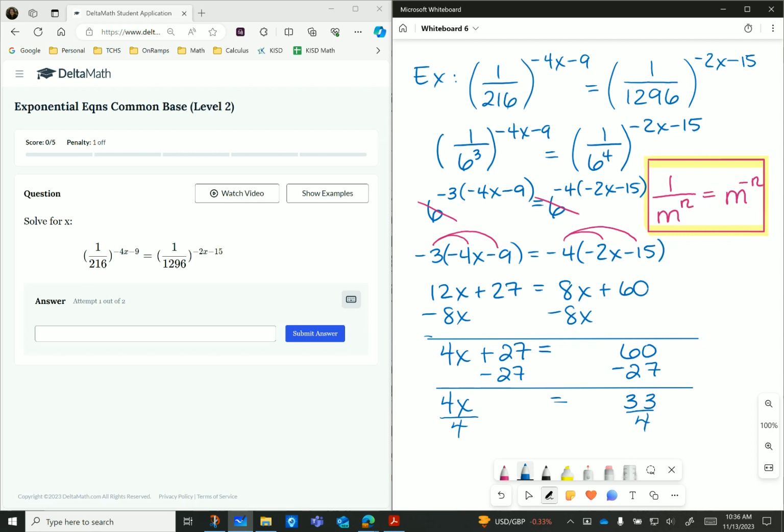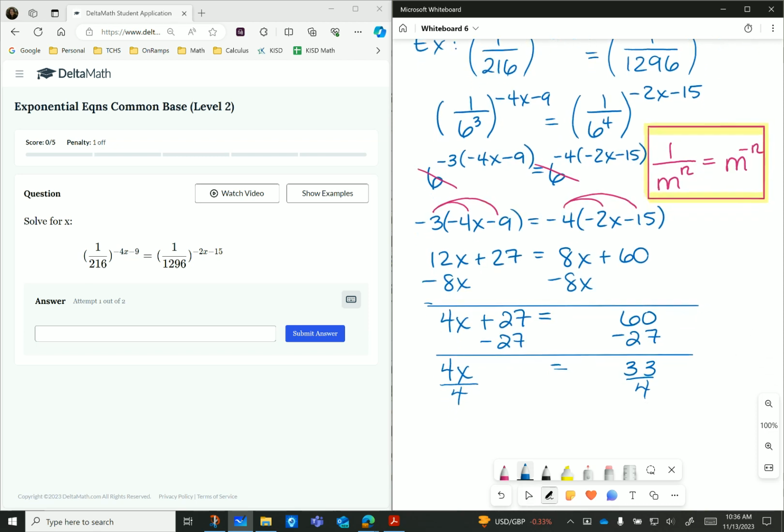So, although it feels uncomfortable that sometimes you don't end up with a whole number answer, and you end up with a fraction answer, that is okay. So unless I made a silly mistake somewhere, our answer is x equals 33/4.